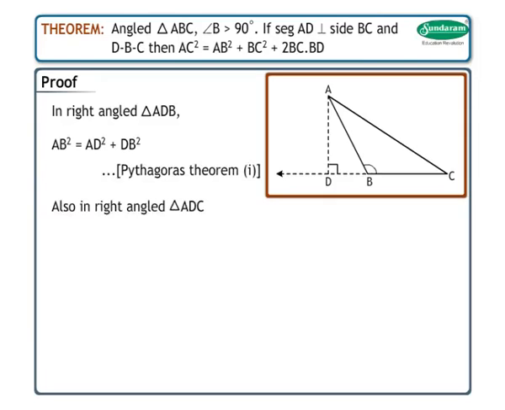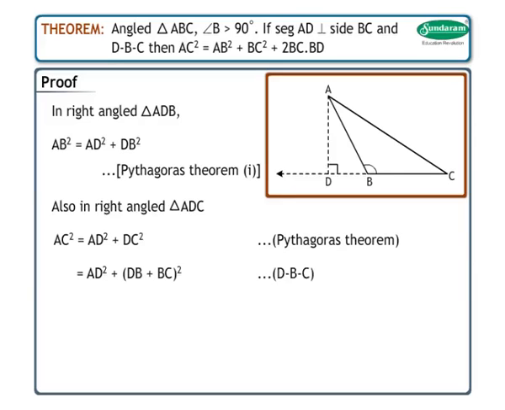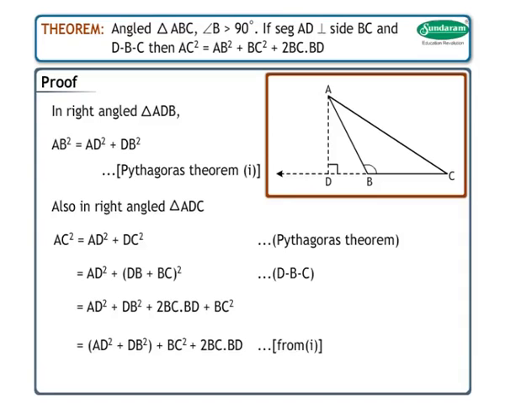In right angled triangle ADC, AC square is equal to AD square plus DC square by Pythagoras theorem, is equal to AD square plus in bracket DB plus BC whole square, as points D, B and C are collinear, is equal to AD square plus DB square plus 2BC into BD plus BC square, is equal to in bracket AD square plus DB square plus BC square plus 2BC into BD from statement 1.